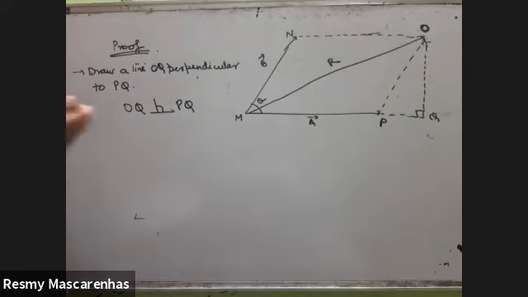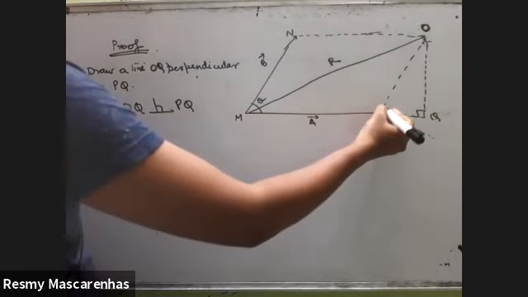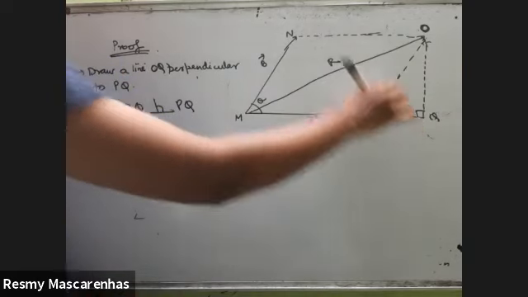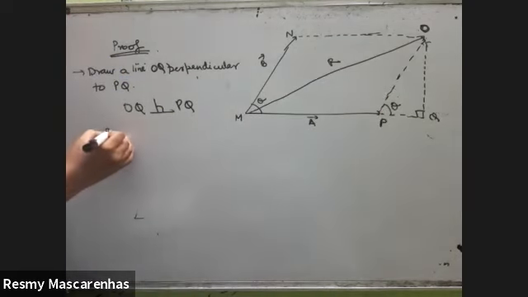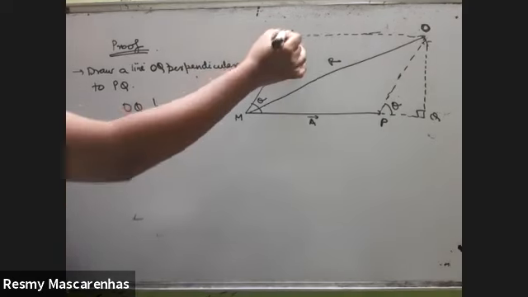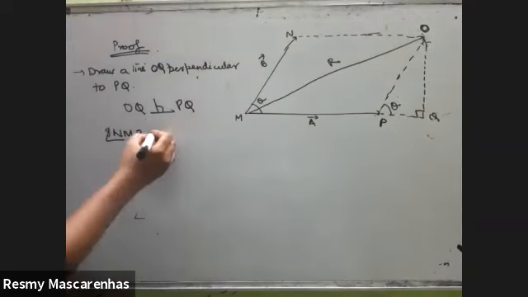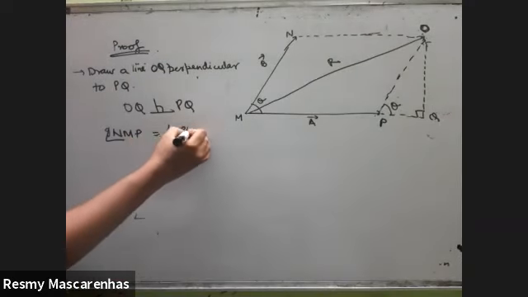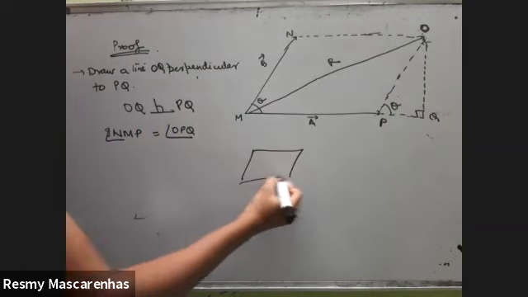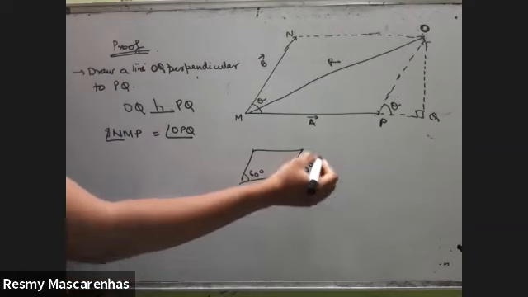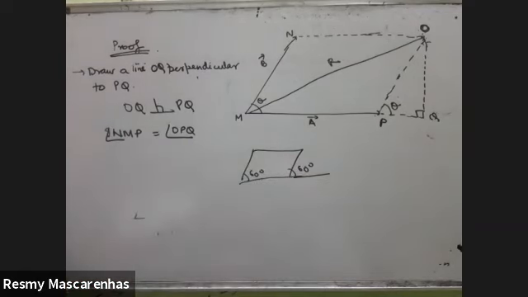Now, if you notice, this angle will be theta. Angle NMP is the same as OPQ. Why? Always remember that if this is 60 degrees, this also will always be 60 degrees, because they are corresponding angles.